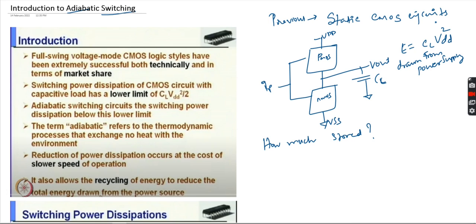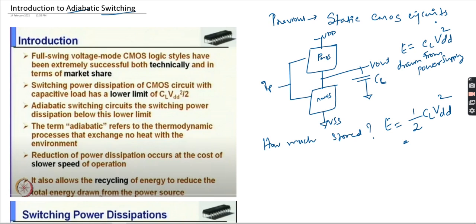When the input is equal to 0, the PMOS will be on, and CL VDD square is drawn. But only half of the energy will be stored, that is, E equals 1 by 2 CL VDD square. This we must have already studied.